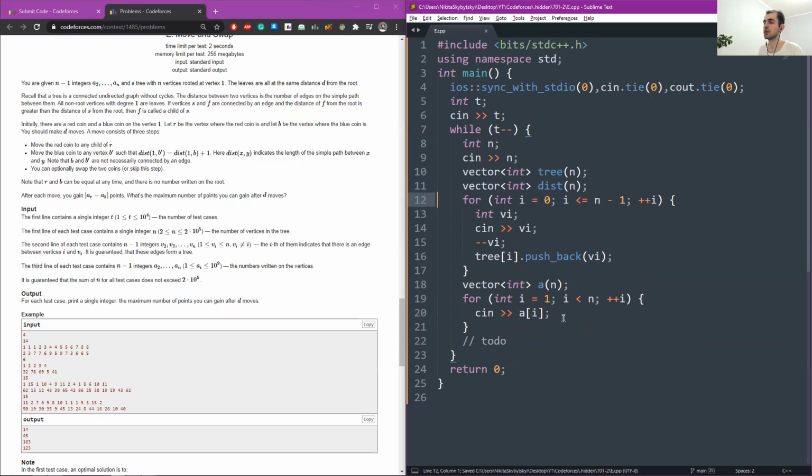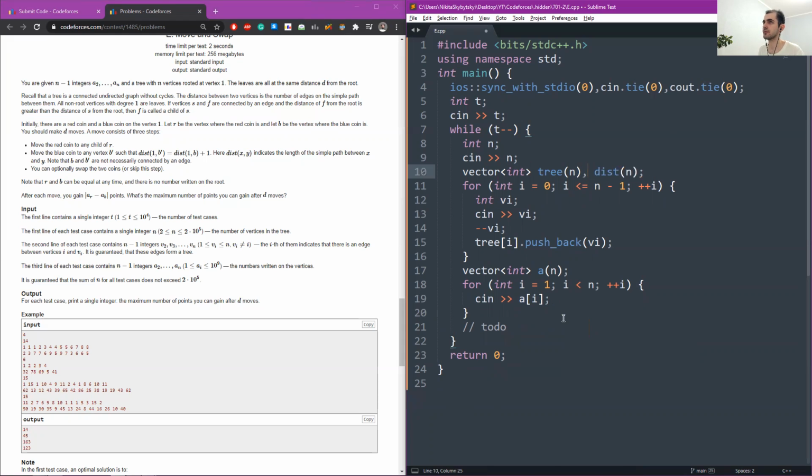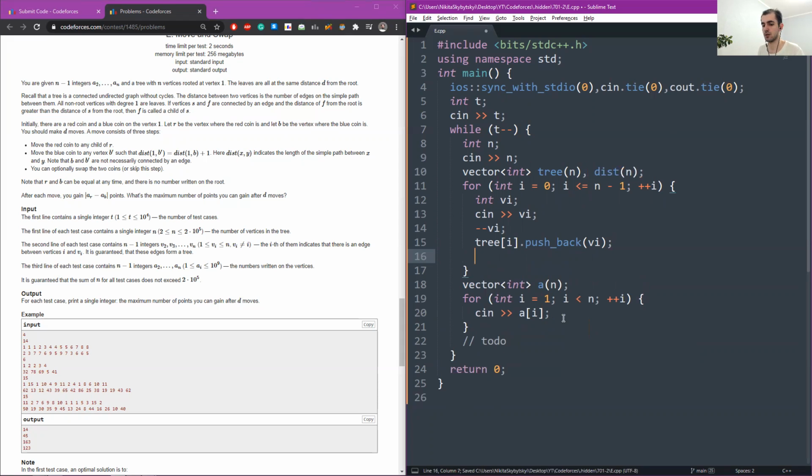Because of the following, like all edges go. The tree is already topologically sorted, right? That's not enough. You would like it to be actually sorted layer by layer.